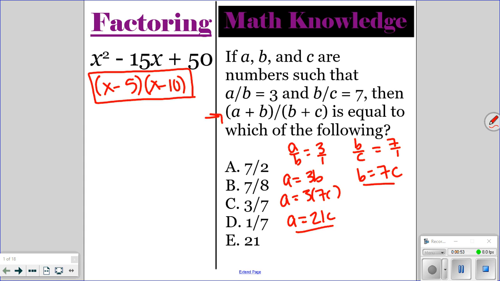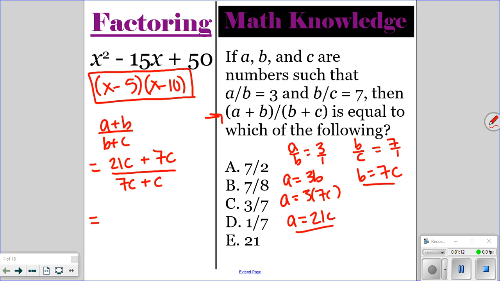And so now I'm going to use this fraction here, a plus b over b plus c. So a we found was 21c, b we found was 7c. And then again, b was 7c plus c.